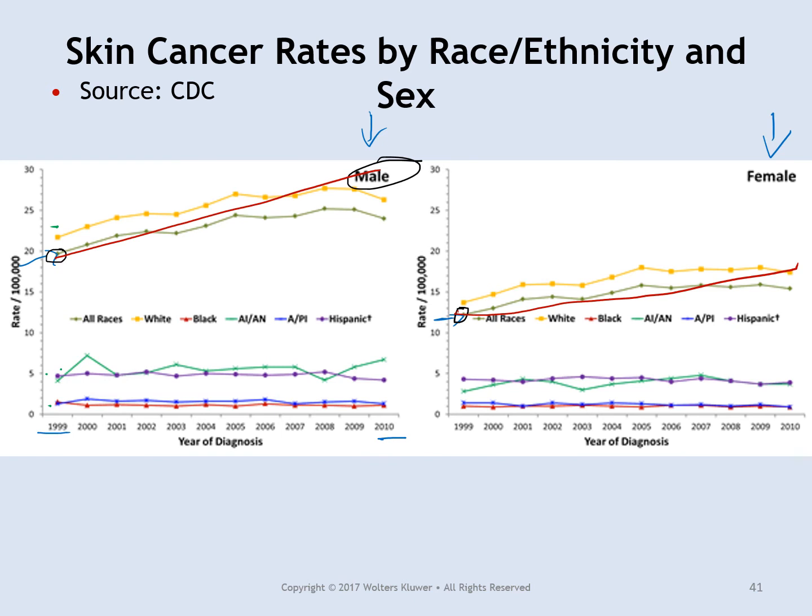Yeah, because they have less melanin in their skin, and less melanin means they're exposed to more UV light, and exposure to more UV light means you're going to burn more easily. So your classic skin cancer case will be a white man. Now, that is not to say that we don't see skin cancer in these other populations.